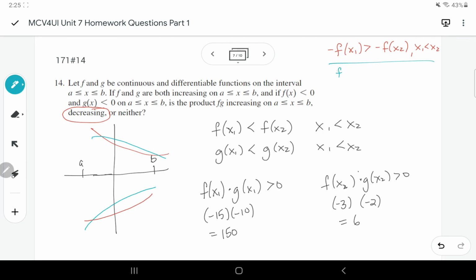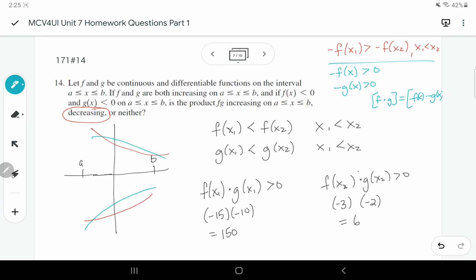So we could say negative f at x is greater than 0 and negative g at x is greater than 0. They would always be positive if the regular functions were always negative. And we could say that f times g is equal to negative f at x times negative g at x.